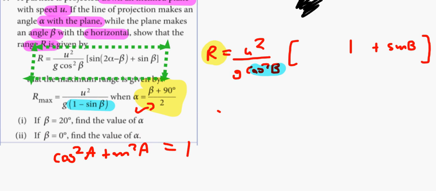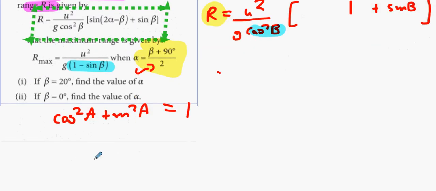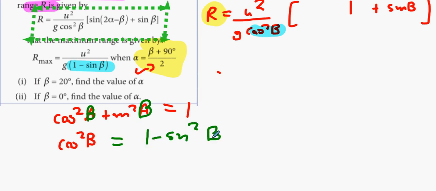Now, we're going to get rid of cos squared beta. Okay, so I'm going to change these to betas, or b's. Now, would everybody agree it's 1 minus sine squared b? What is 1 minus sine squared b? The difference between 2 squares.